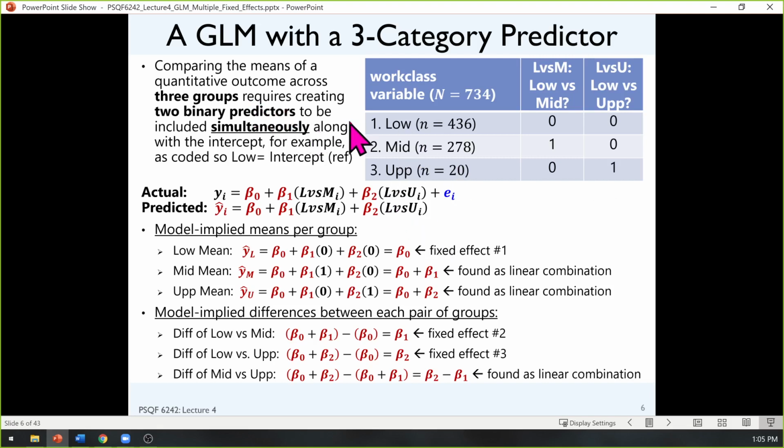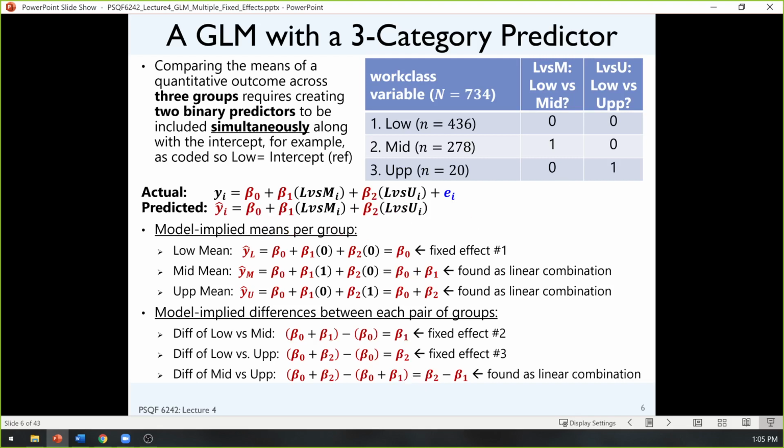In this case, here's the model. The grouping variable, the 3 category variable, is the only predictor in the model. And I have 2 new slopes that I'm going to ask to be estimated, beta 1 and beta 2. So those are fixed slopes. They are constants that will be estimated as part of the model and will apply to everyone's scores equally. So there are 6 things that I might want to know about this variable.